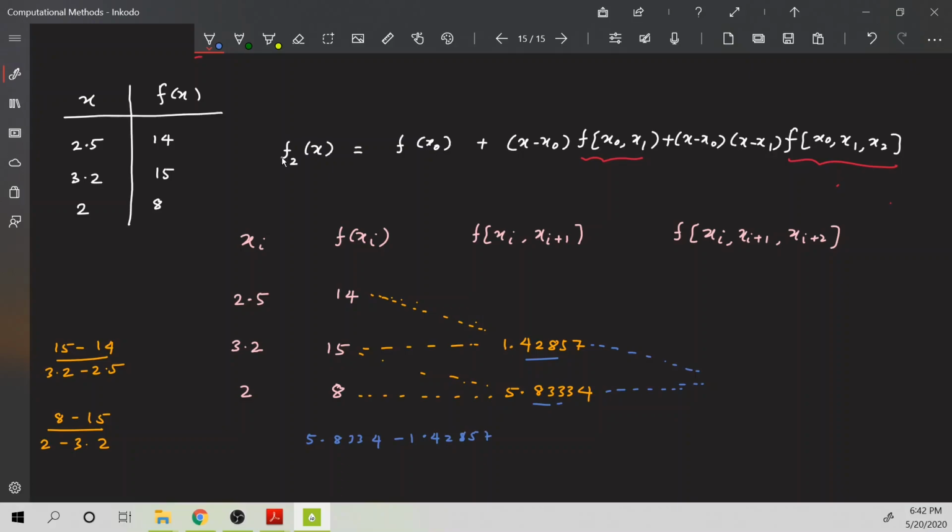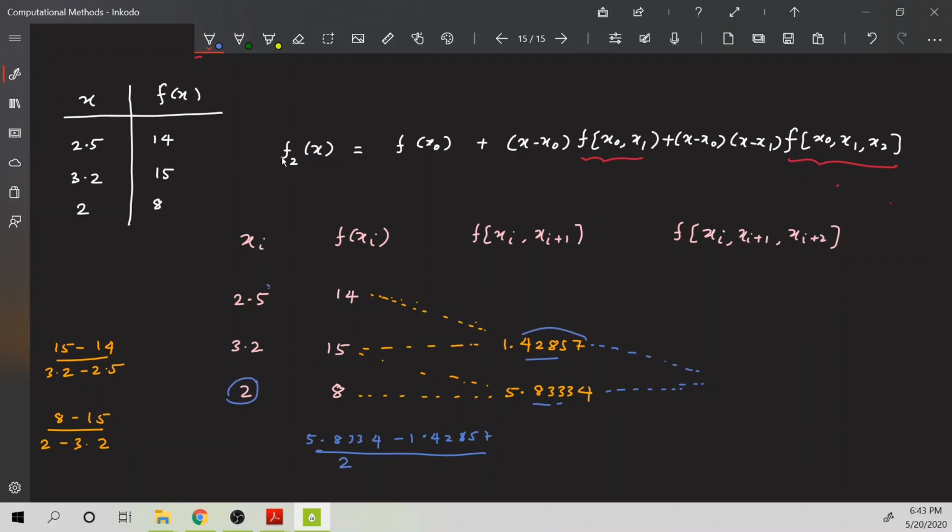But the question is, what should be the denominator? The denominator should be just, this is the value, just slide like this, and for this point the value is going to be 2.